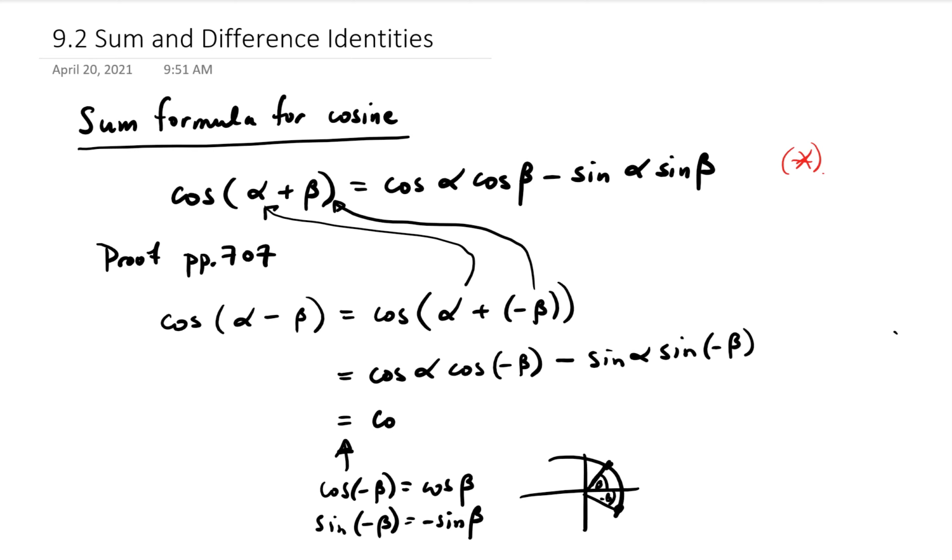So this is just going to be cos of alpha, cos of beta. I can just replace cos of minus beta by cos of beta. And then this is going to become minus sine of beta. Now I've got minus minus, so that's going to become plus sine alpha, sine beta.